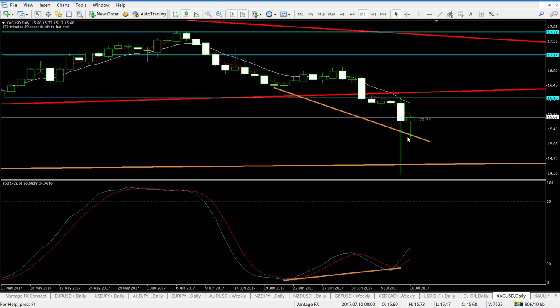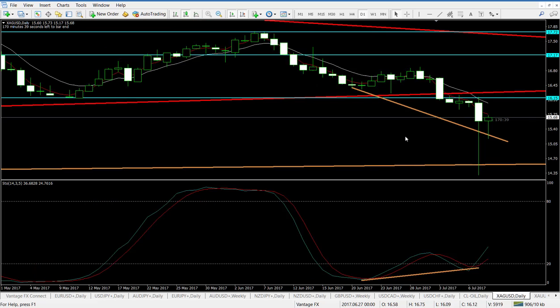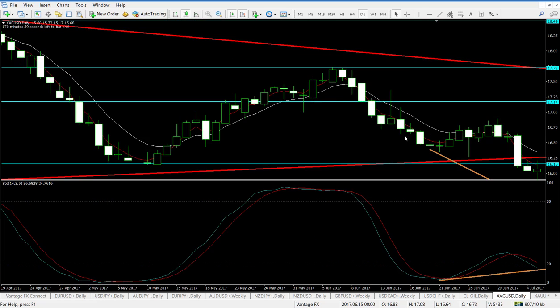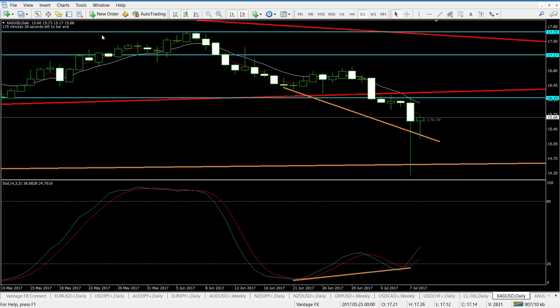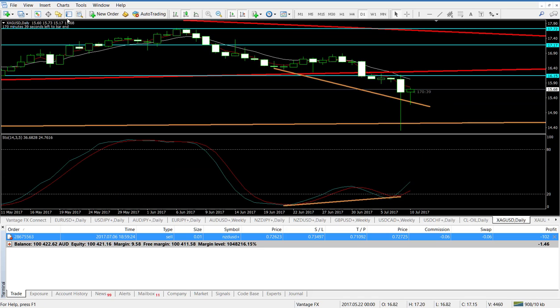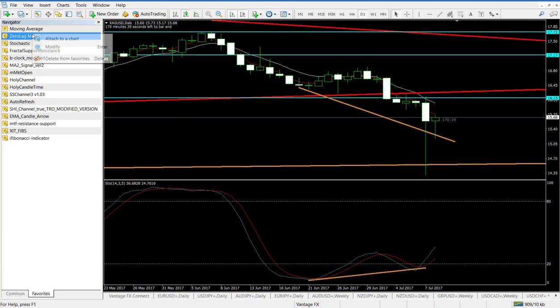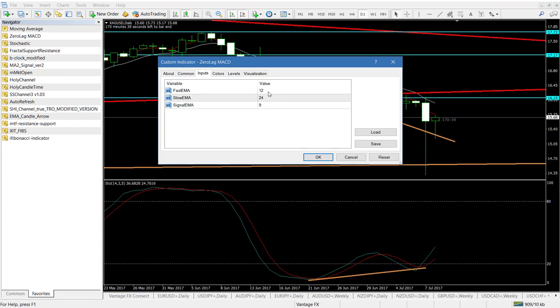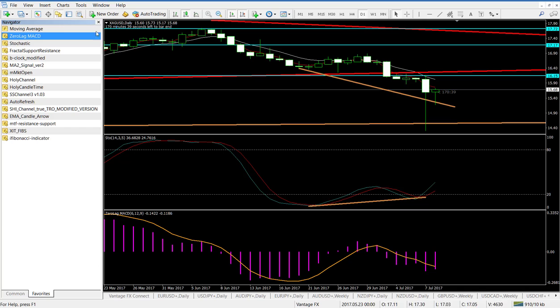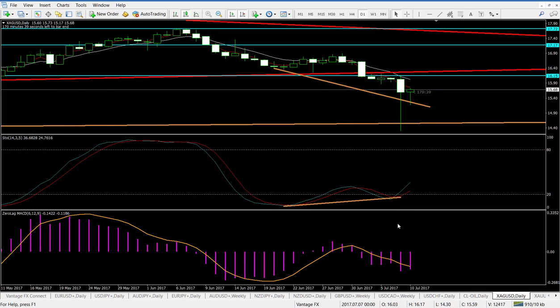It's not crossed up yet. Okay, let's add the other indicator, zero lag MACD. Let's make it 6, 12, 9. Alright, there's no signal here as well.